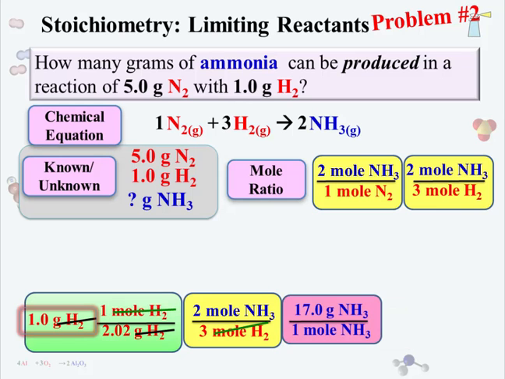That would be the molecular weight of ammonia, oriented so that moles cancel out, leaving units of grams. 1.0 grams of hydrogen can at most produce 5.6 grams of ammonia. Essentially, limiting reactant or reagent problems are comparing amounts from individual stoichiometry solution equations. There are plenty of places to make mistakes, so follow the procedure carefully.